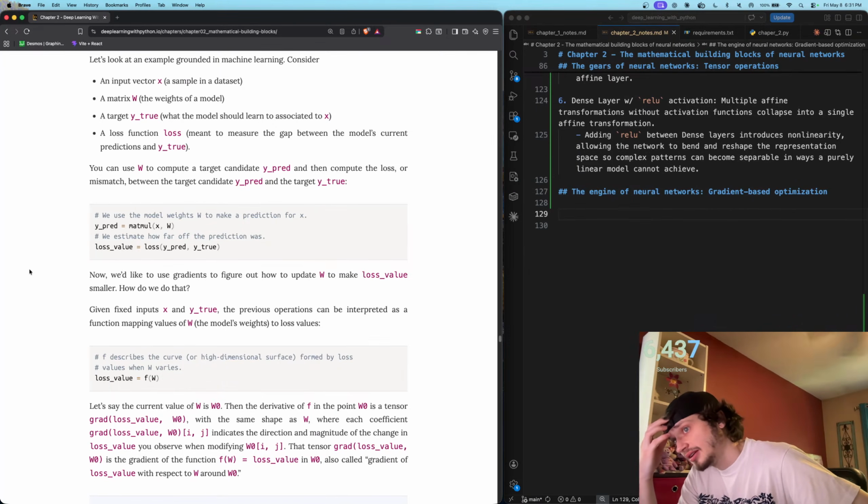How would we do that? Given fixed inputs of our vector and our true expectations, the previous operation can be interpreted as a function mapping values of just weights, the model's weights, to loss values.